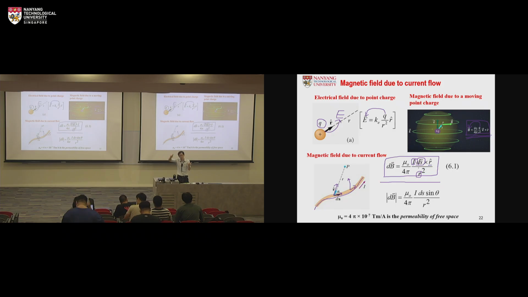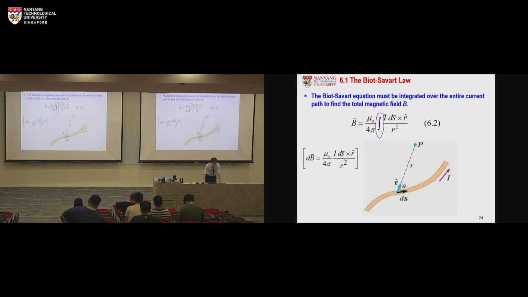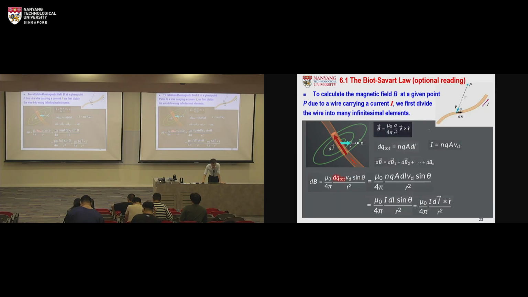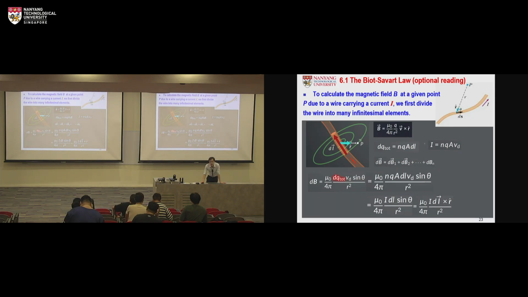So 1, 2. And this is the final formula. Again, for all the details in these two slides, you don't need to bother yourself if it's too complicated.